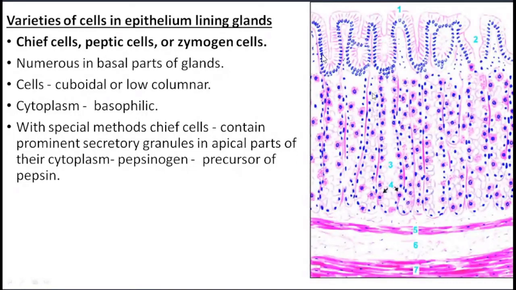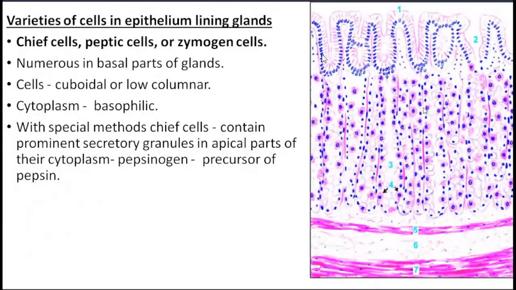Here you can see the glands consist of different types of cells. There are varieties of cells present in the epithelium lining the glands. First are the chief cells, or you can say peptic cells, or zymogen cells.